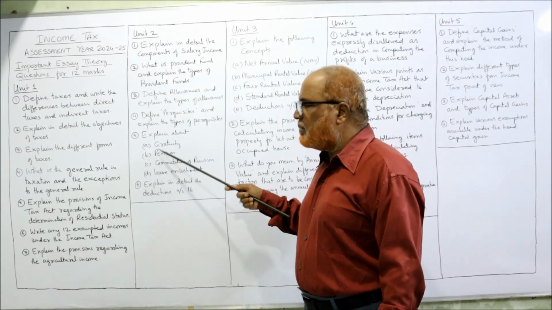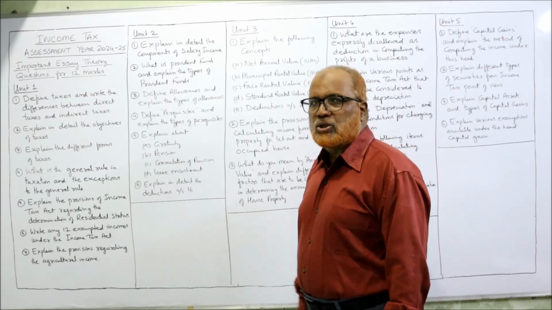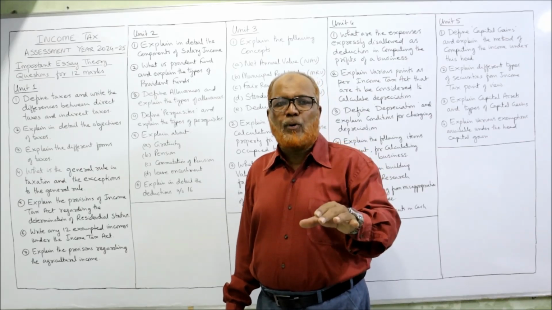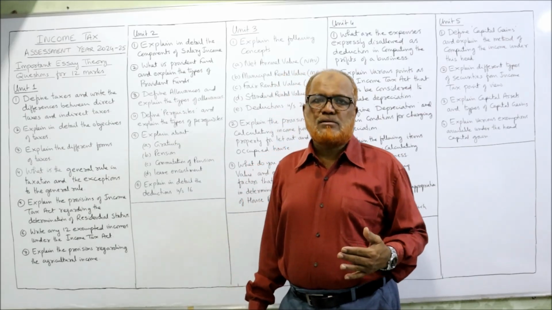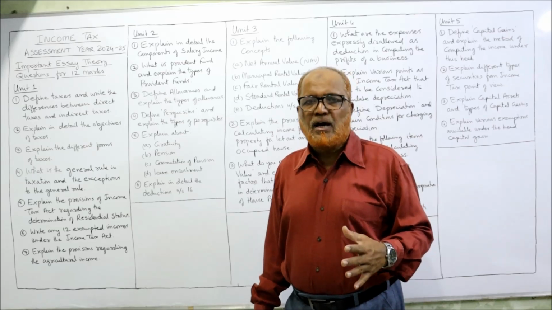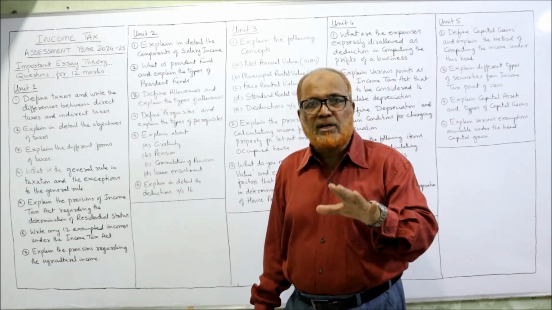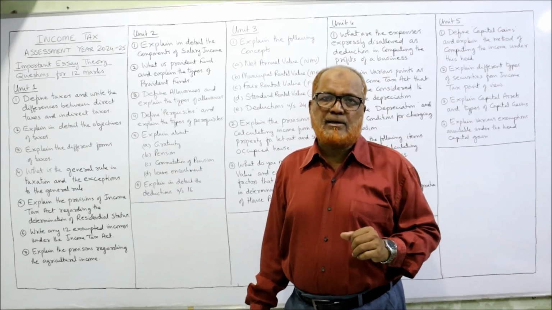Next comes explain about. In examination, you may get this type of question also. Some 4 points may be given and you have to write for each one. Example, gratuity. Gratuity is a gracious payment made by the employer at the time of retirement. Actually, gracious means voluntary, that is not compulsory. But after passing the Payment of Gratuity Act, now it has become compulsory for certain types of organizations.